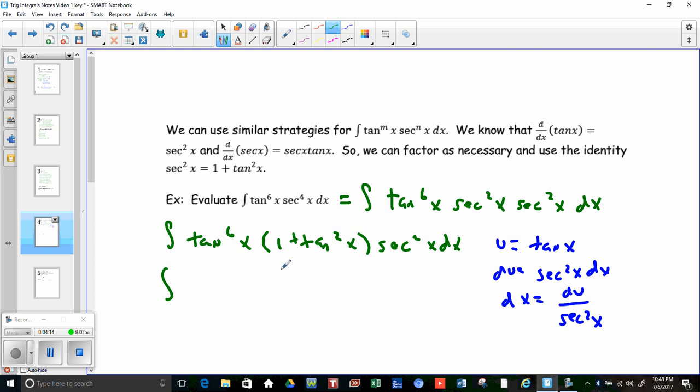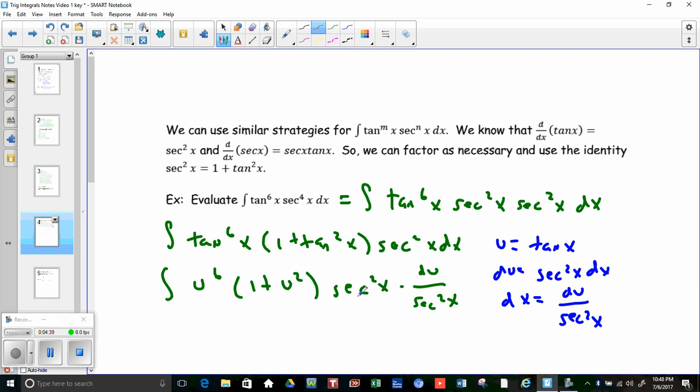There, let's try again. Tangent to the 6th now becomes u to the 6th. Then this becomes 1 plus u squared. Secant squared x stays secant squared x, but the new dx over here is du over secant squared x.